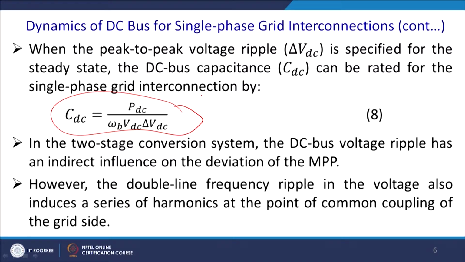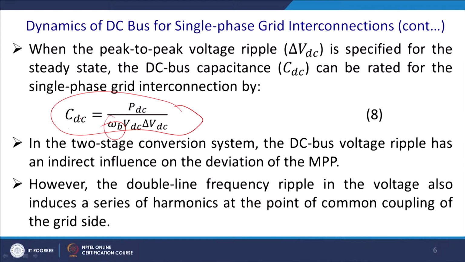So mind it, if you are using one solar inverter which has been designed for 60 hertz, and if you wish to use it at 50 hertz, then we require to change the value of the capacitor, otherwise you will find that the ripple will be more.